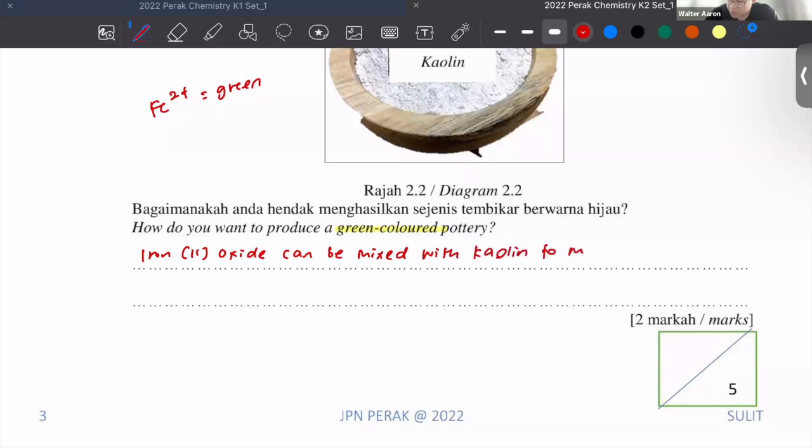to make green pottery. And you have to explain why as well. So you can just say that because iron 2 oxide contains iron 2 ion.